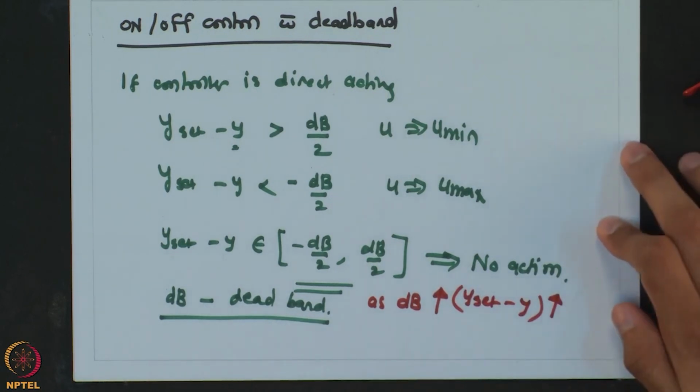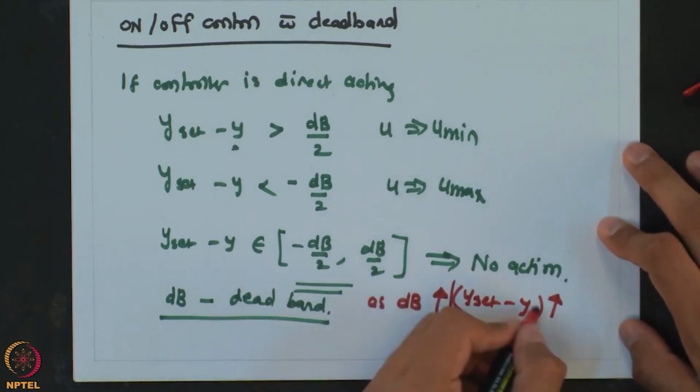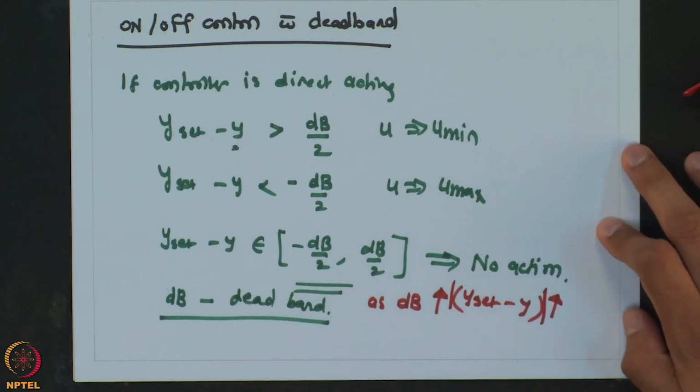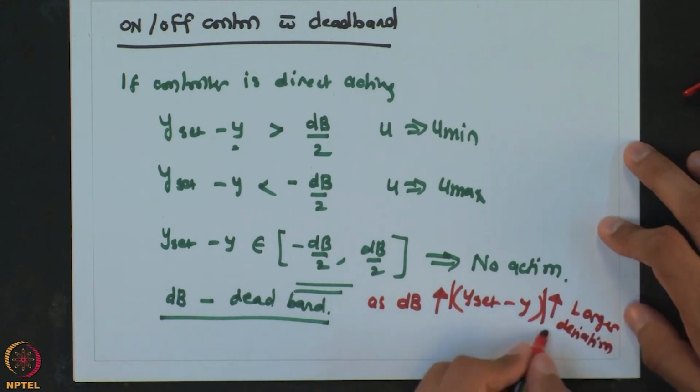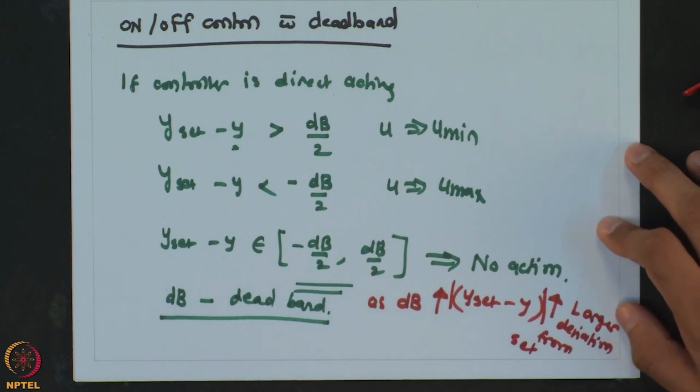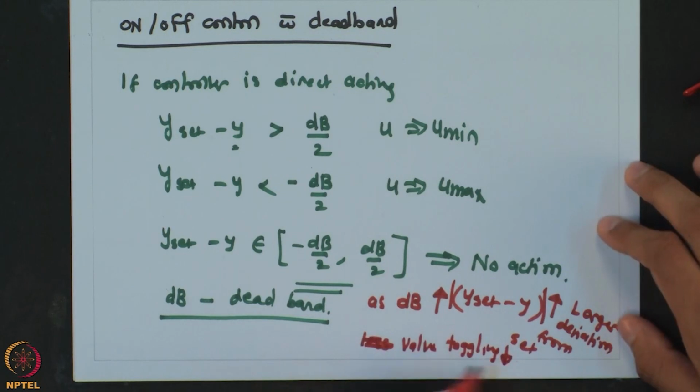So, that means, I will say, the average value of that, so that means larger deviation from the set value, but this comes at an advantage that our valve toggling reduces.